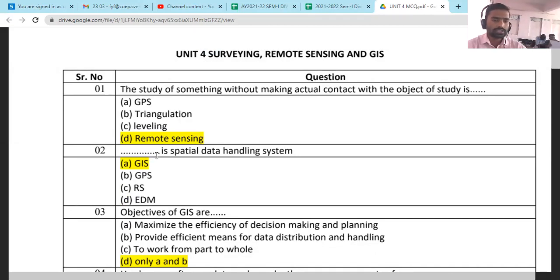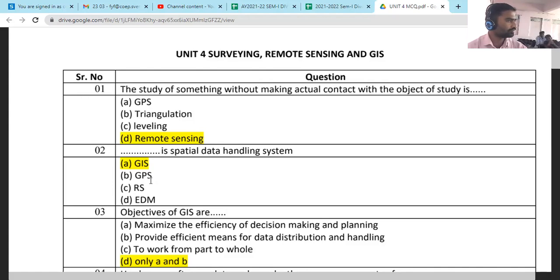Next, dash is the spatial data handling system. GIS, GPS, remote sensing, or EDM? GIS. You should know all the expansions of these terms. What is GIS? Geographical Information System.